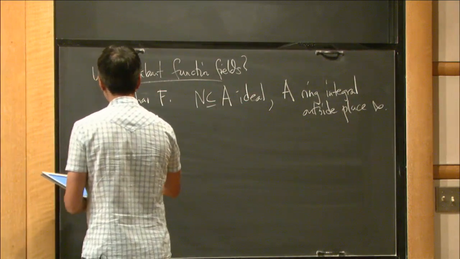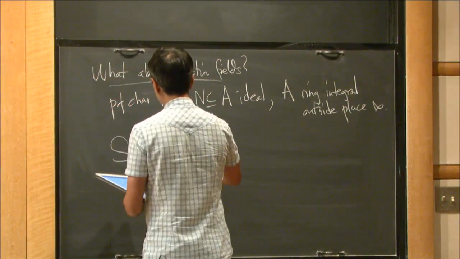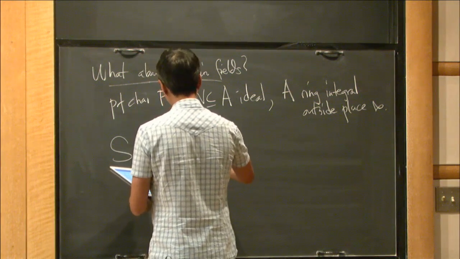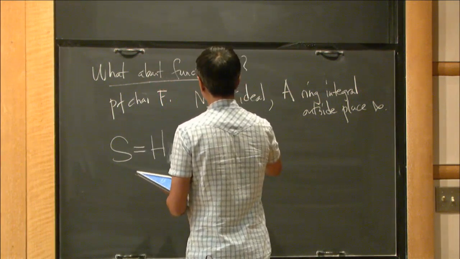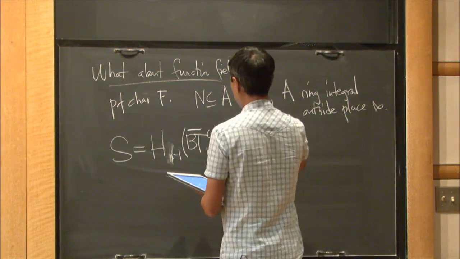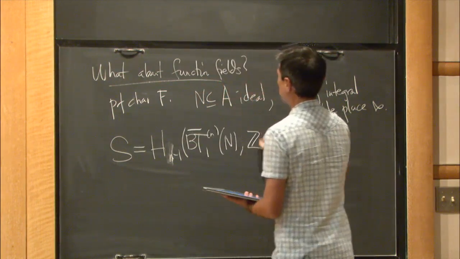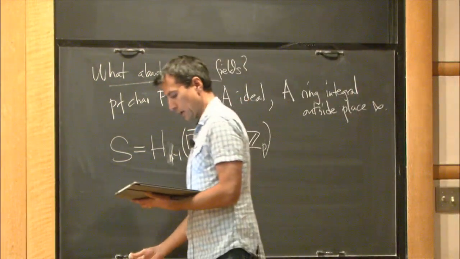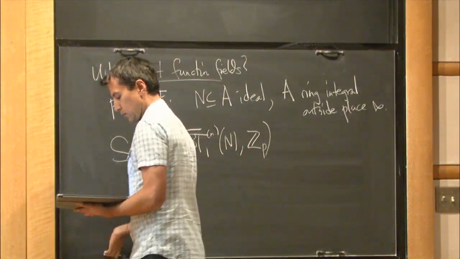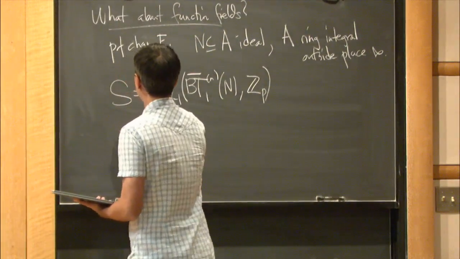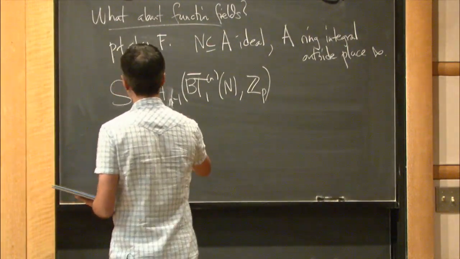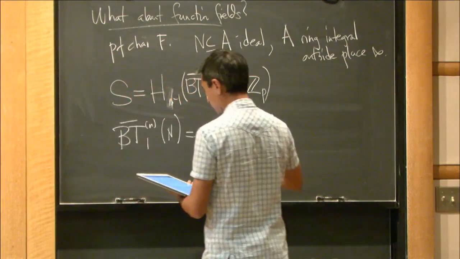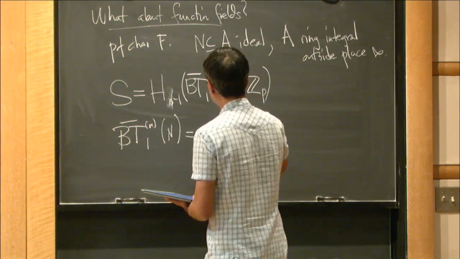And let S be the (n minus 1)st homology group of something I'll define, the Bruhat-Tits building, with Z_p coefficients. This thing is going to be the quotient.